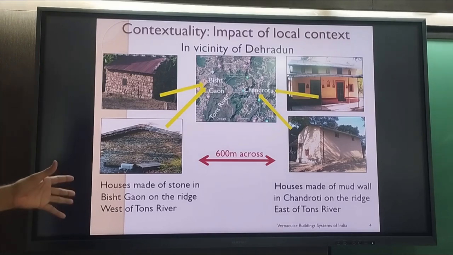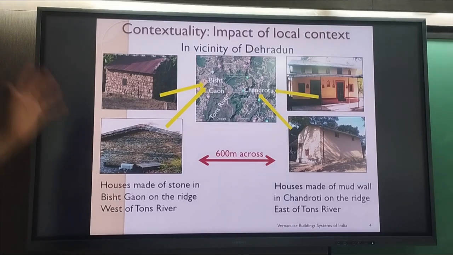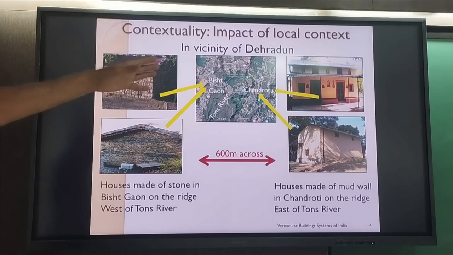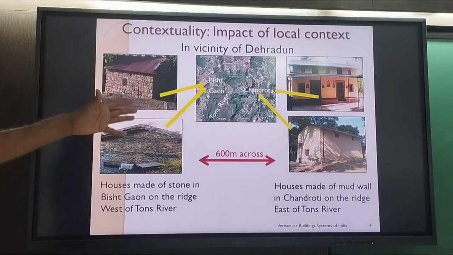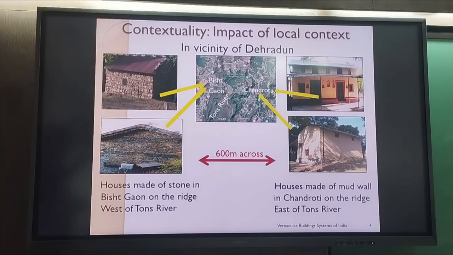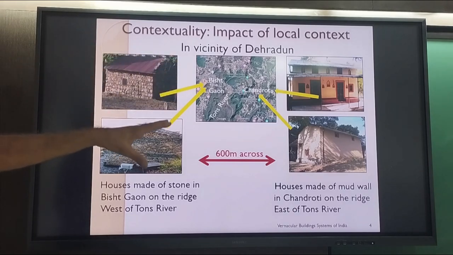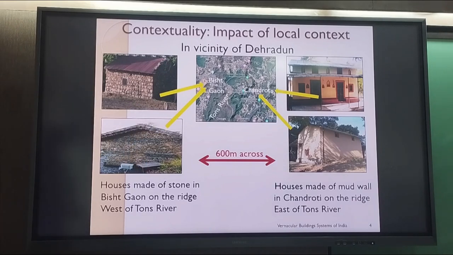It was right there. And stone, of course, is longer lasting than mud. So they use that. But for people in Chandrauti to bring the stone, it must have been so difficult. And the mud in that area was very good. So this particular house you are looking at is more than 100 years old. All right. So let's move on.